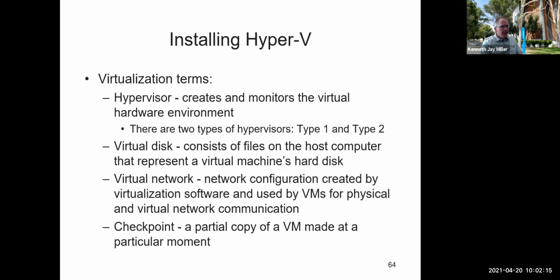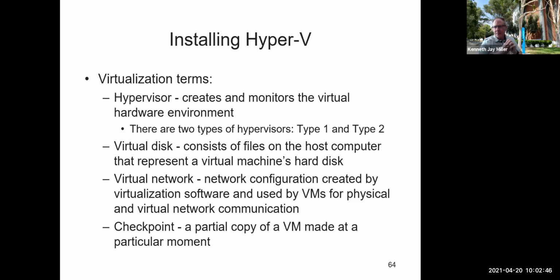All right. Now the hypervisor creates and monitors the virtual hardware. There's two types, type 1 and type 2. The virtual disks consist of files on the host computer that represent a virtual machine's hard disk. And it's files, plural, because sometimes we're going to have different connections based on the parent disk, then we may have child disks that are created from it.